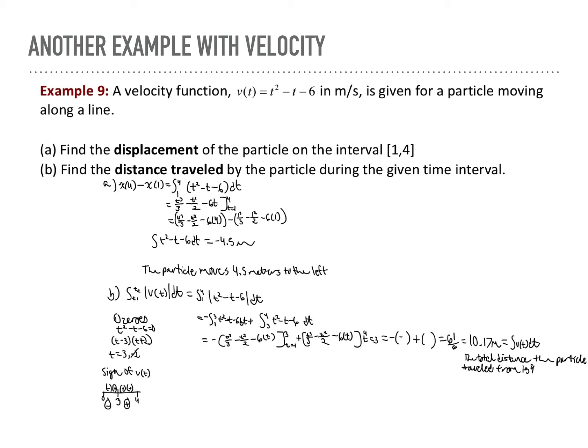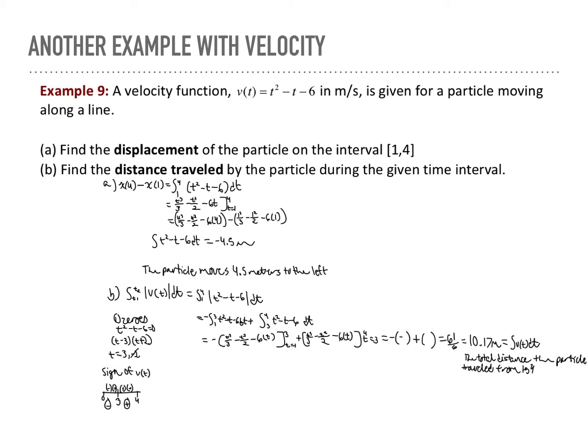So the particle moves 4.5 meters to the left, since left would denote a negative position and right would denote a positive one. Next, we'll find the distance traveled by the particle during the given time interval. This time we'll be finding the antiderivative of an absolute value function.